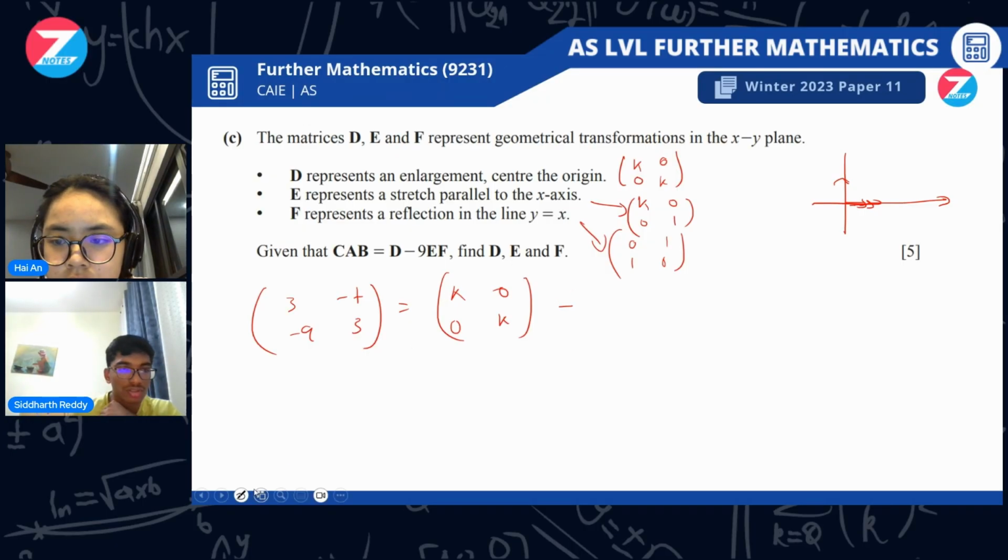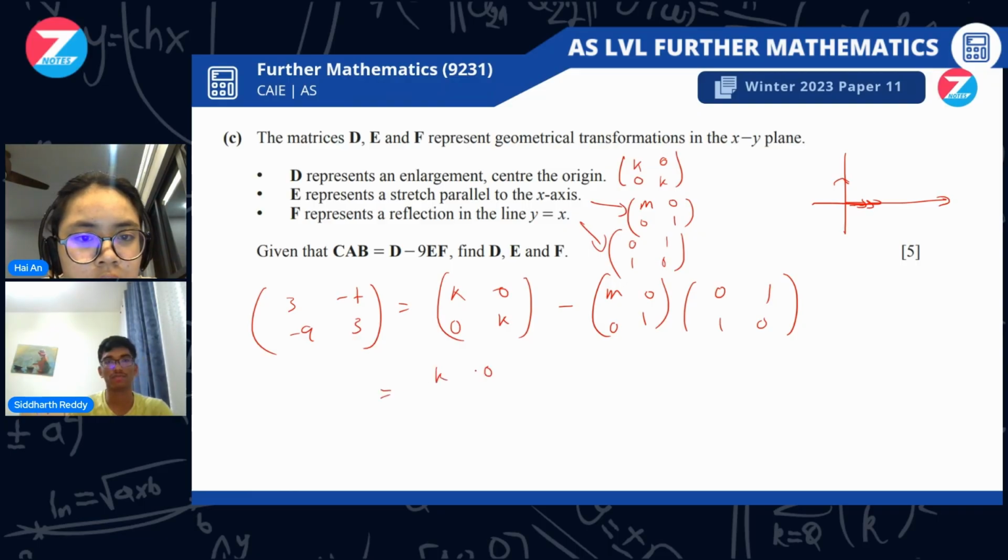By the way, we shouldn't use the same letter for this enlargement when we don't know what it is. So you can use something else. K, m, m, 0, 0, 1 times 0, 1, 1, 0.